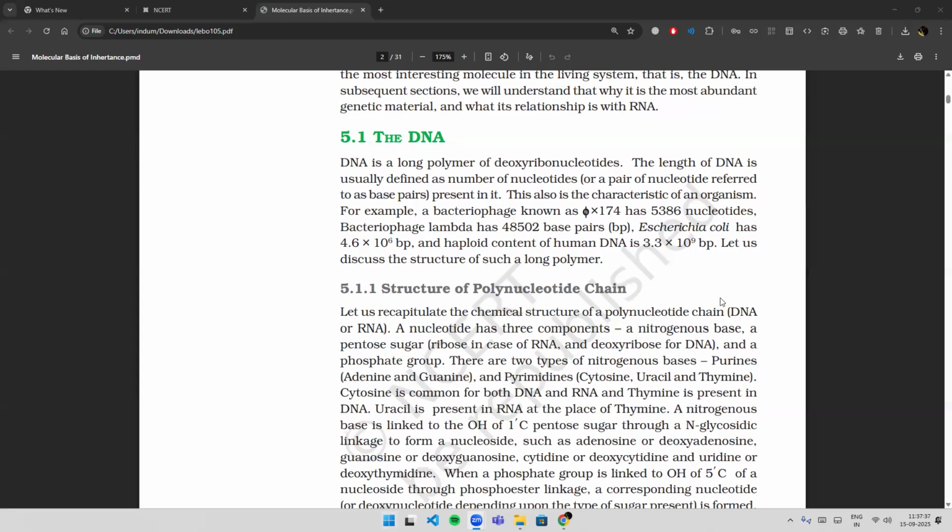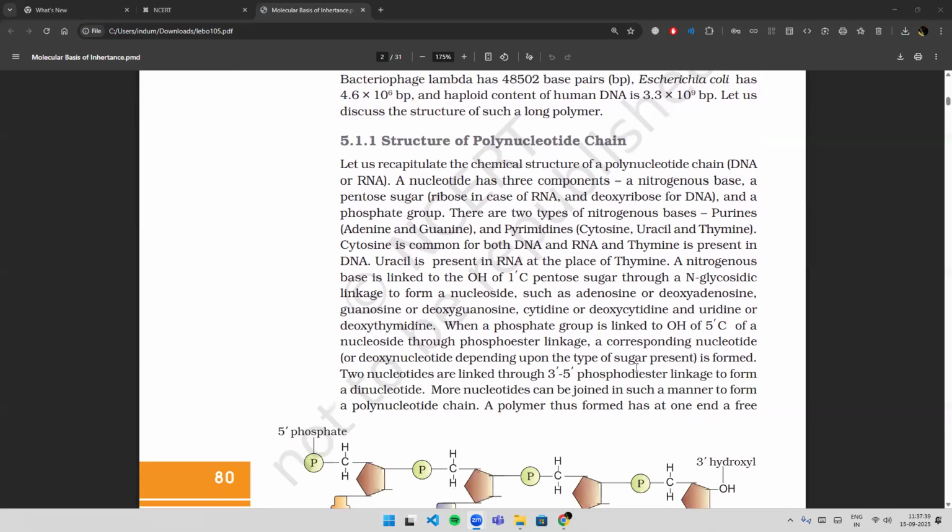5.1.1 Structure of polynucleotide chain. Let us recapitulate the chemical structure of a polynucleotide chain, DNA or RNA. A nucleotide has three components: a nitrogenous base, a pentose sugar, ribose in case of RNA and deoxyribose for DNA, and a phosphate group.